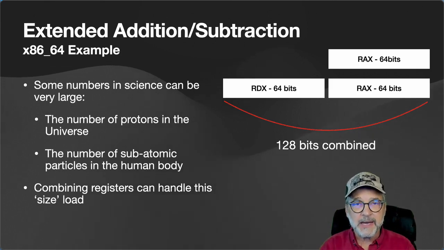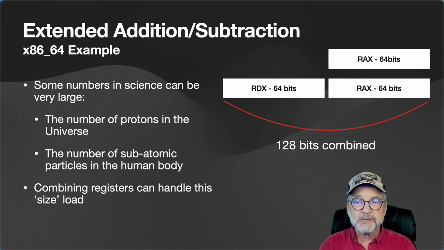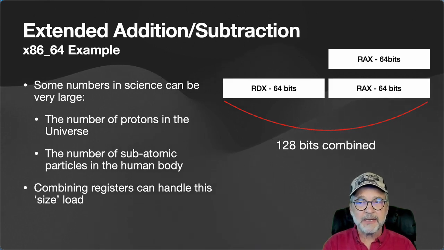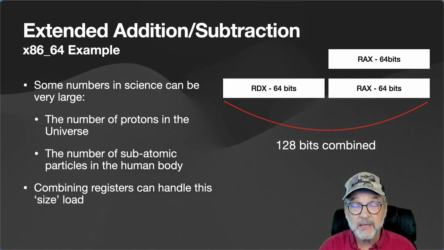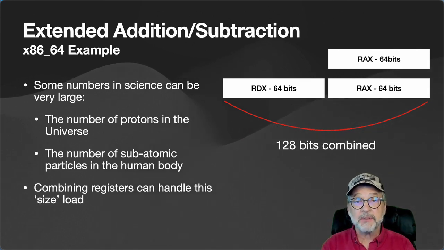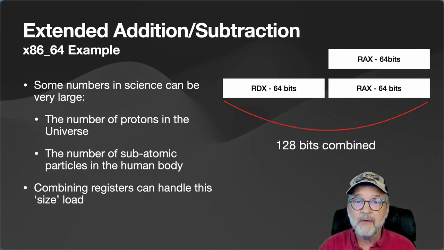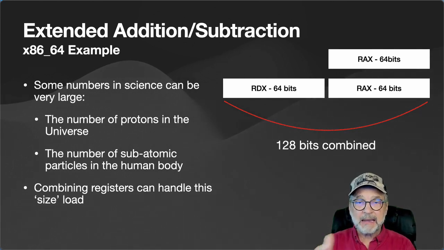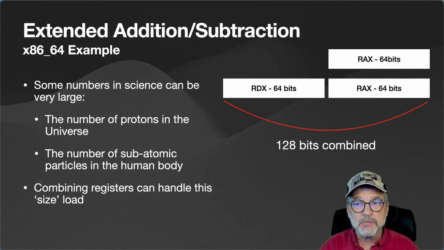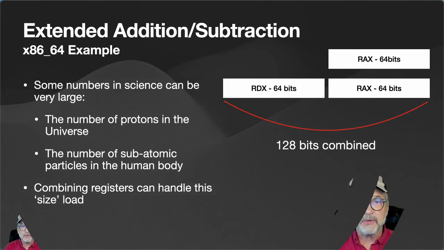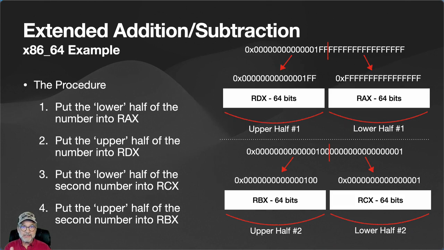So it's really a good idea to just stick with that. And so combining these two registers, RDX and RAX, you have 128 bits. That means your largest number is 2 to the 128th minus 1. Very large number. So we can handle the load of these huge numbers inside of those two registers. So let's look at the procedure.